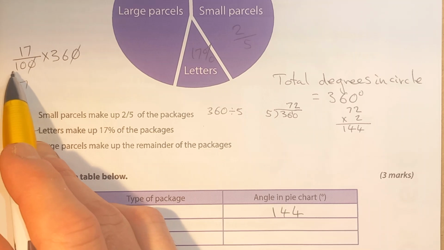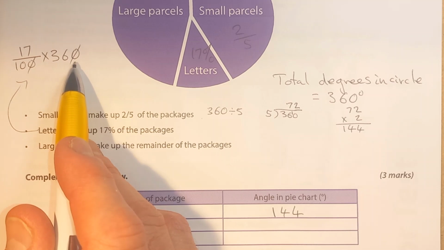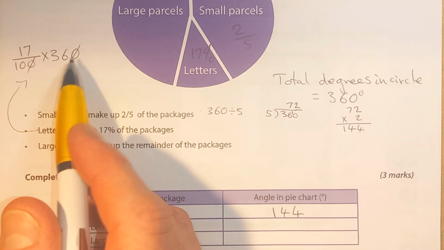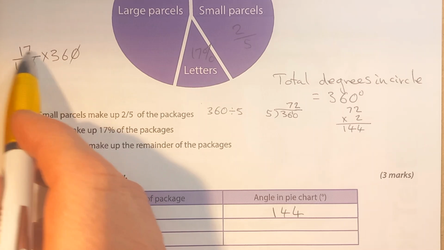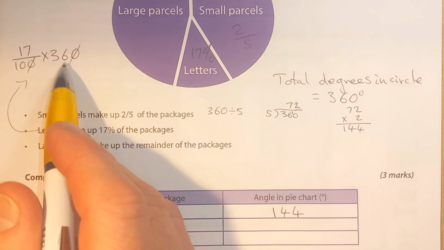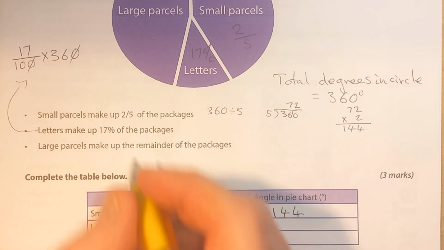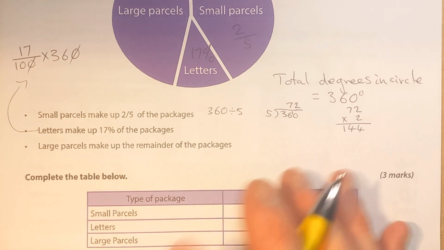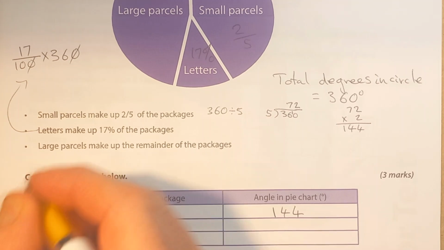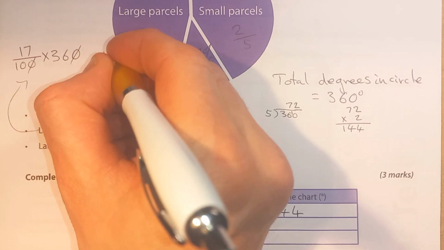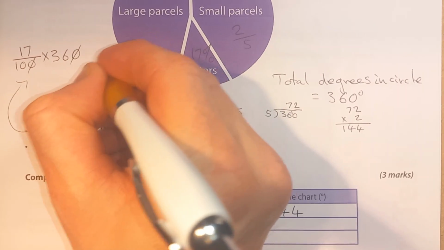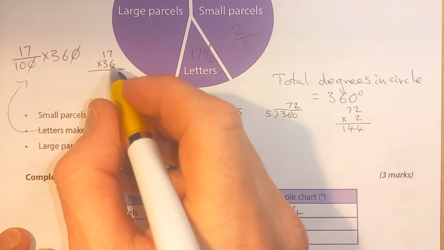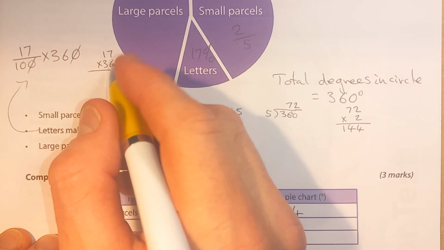So we've got 17 divided by 10 times 36, okay? But we don't have to do this division first, we can multiply the top first. So we've got 17 times 36. I'll do it here, we've got enough room. Okay, so we can say 6 times 7.